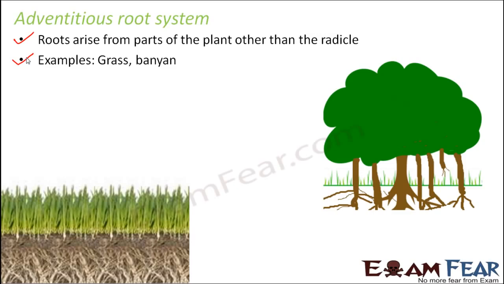The second type is the fibrous root system, where we do not have a prominent single primary root, but there are thin thread-like roots which spread laterally inside the soil. So these are the different types of roots.